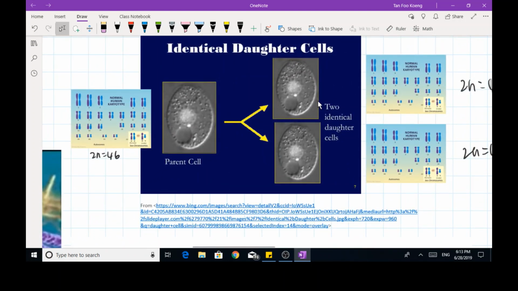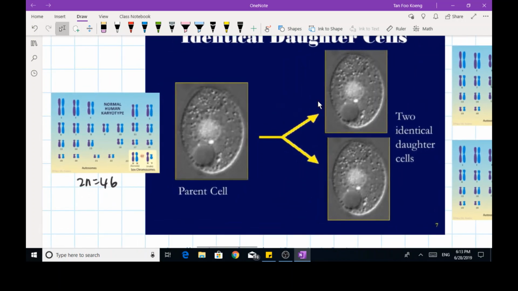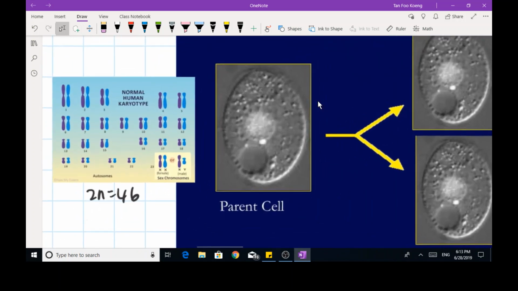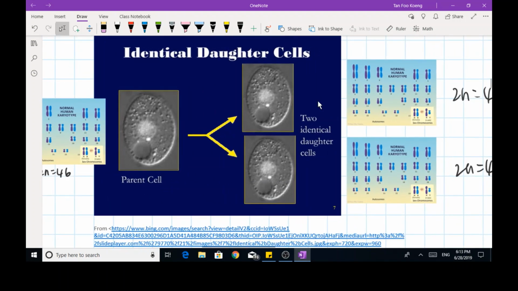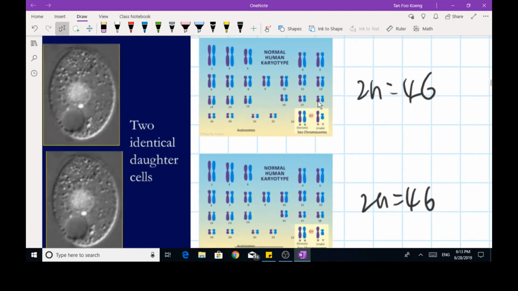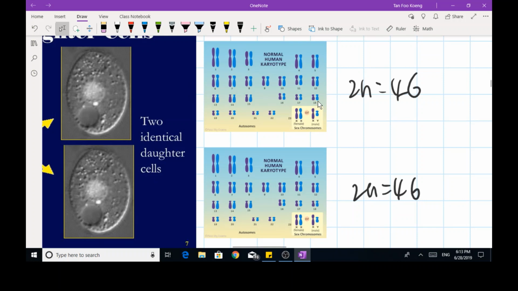All right. After that, telophase takes place, and we are able to get 2 cells after cytokinesis splits the cell into 2. If you still remember, first of all, we have a parent cell with 2n equals 46. And then after S phase, we have duplicated the number of chromosomes. After a complete cycle of mitosis, we get back 2 identical cells, each identical to the parent cell.